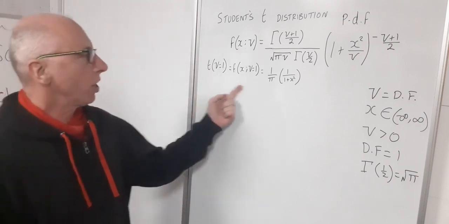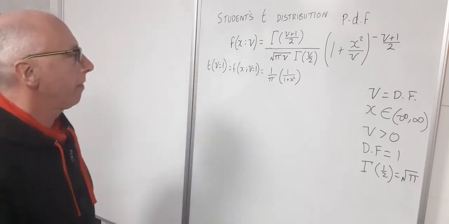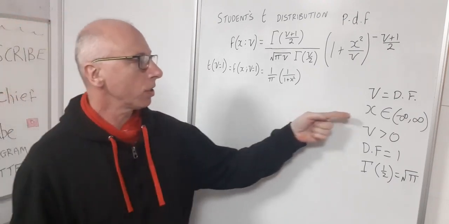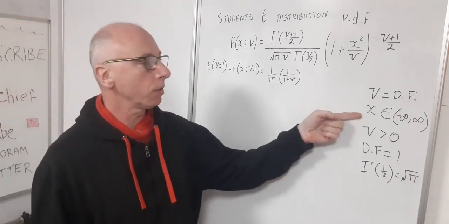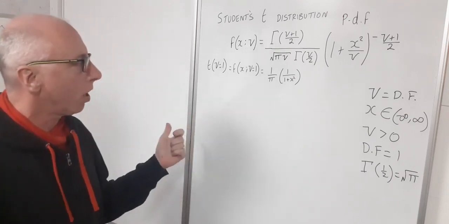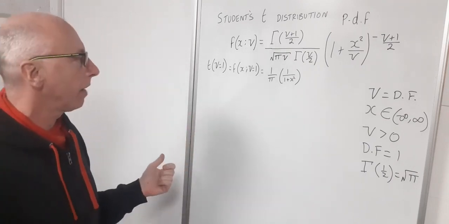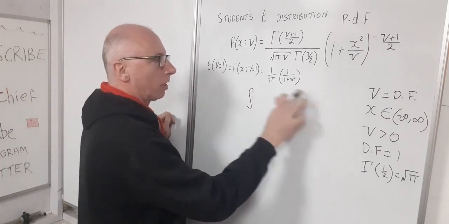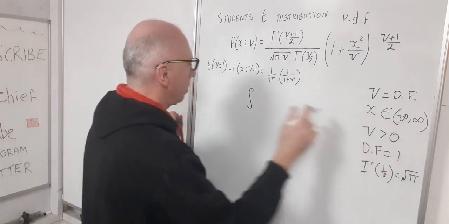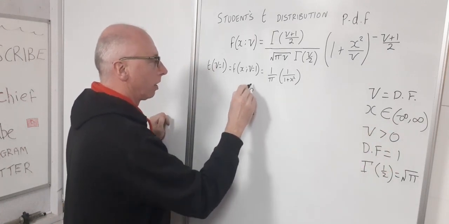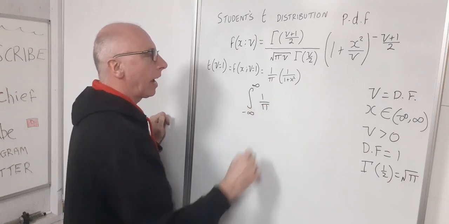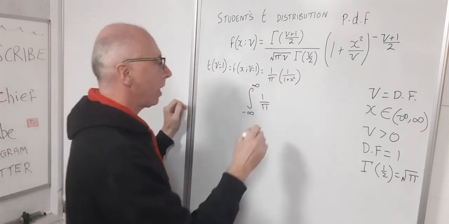Okay, so let's check this is a valid PDF. So let's integrate it over its range of possible values, and hopefully we should get 1, and then we'll know it's a valid PDF. So let's go through that. So we've got x is from negative infinity to infinity, and we've got 1 over pi and 1 over 1 plus x squared.